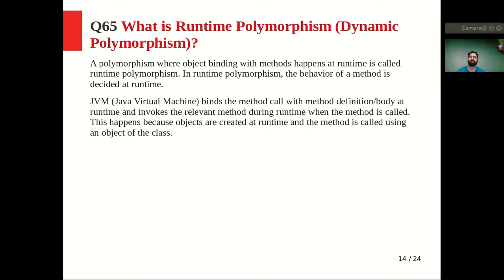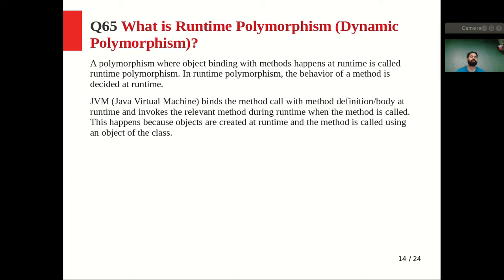But in runtime polymorphism, the method binding is done at runtime. It means that the JVM decides which method to be invoked at runtime. That type of situation is called runtime polymorphism.